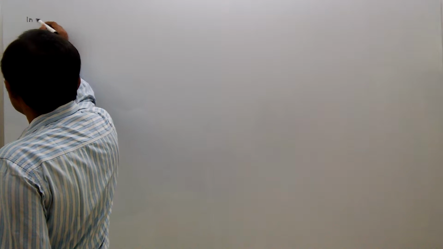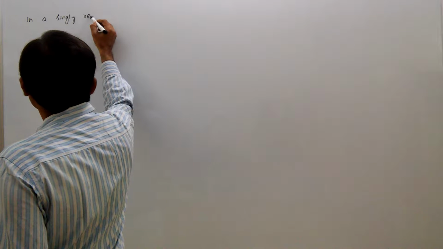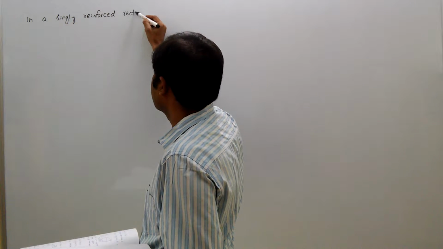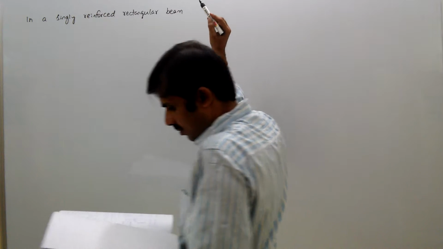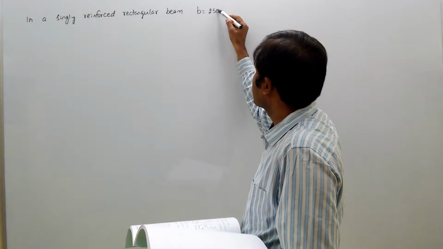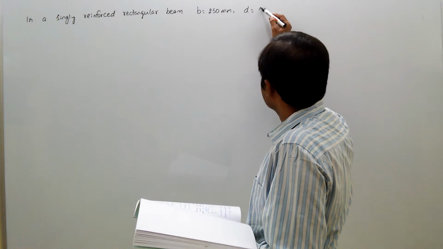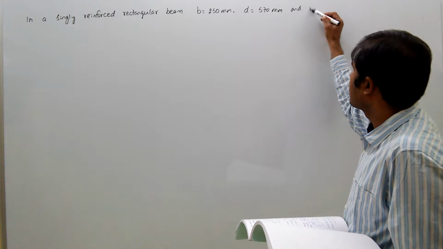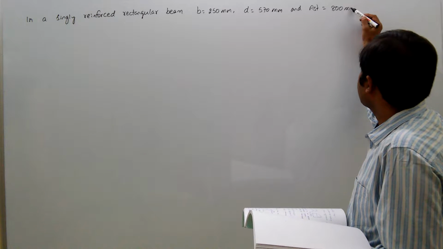In a singly reinforced rectangular beam, B equal to 250 millimeters, effective depth D equal to 570 mm, and AST equal to 800 millimeters square.